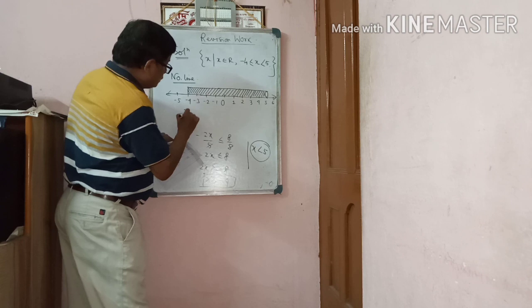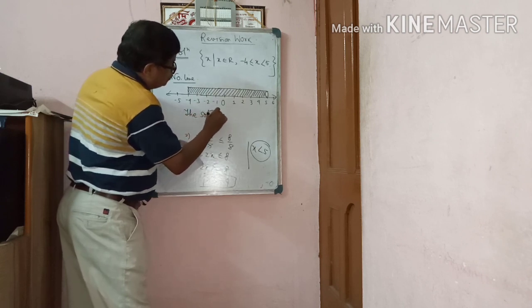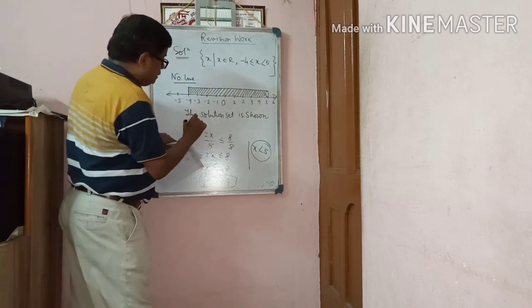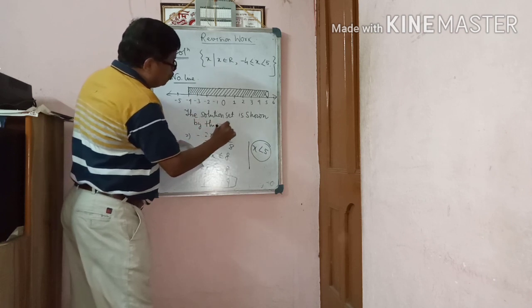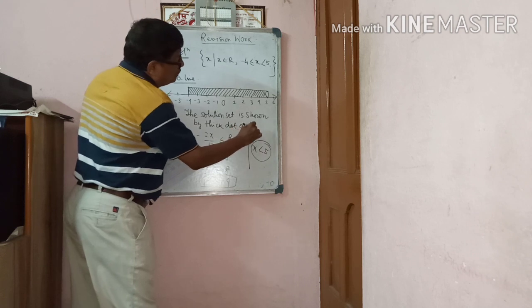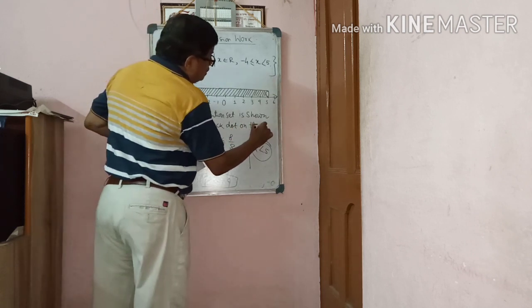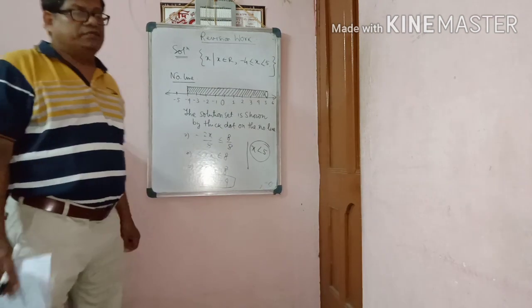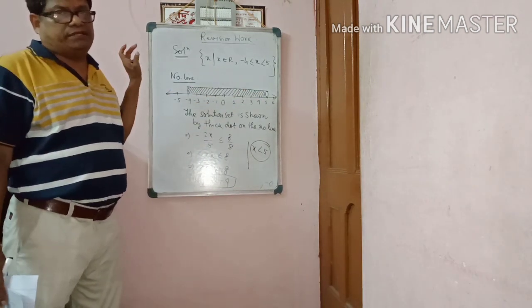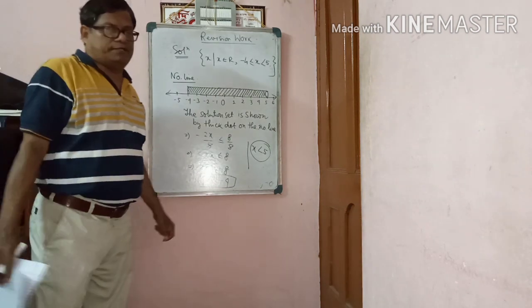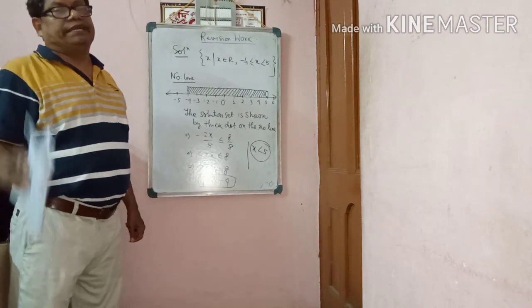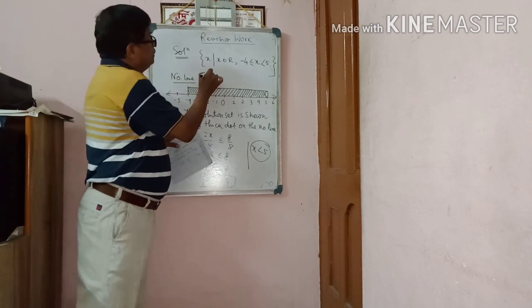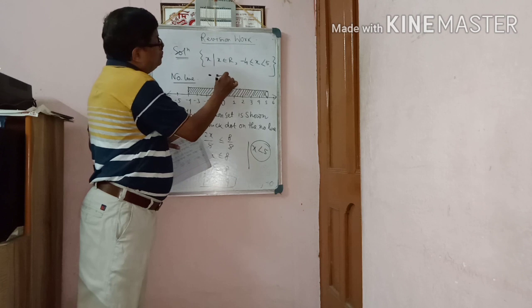Since x belongs to real numbers, the portion is shaded. For whole numbers, integers or natural numbers, only thick dots are given.